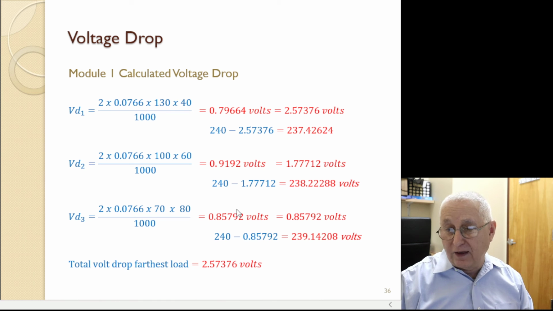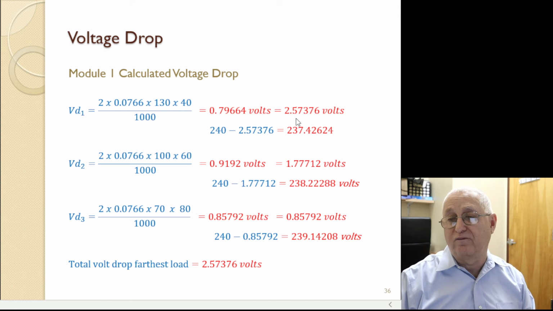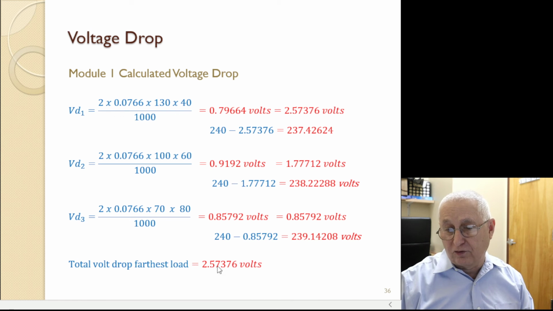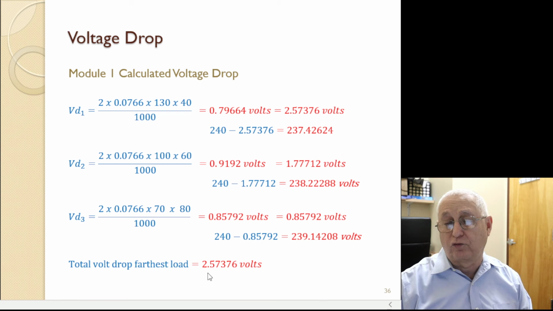If we add this plus that together, 0.85792 plus 0.9192 plus 0.79664, all the individual voltage drops, we come up with a total of 2.57376 volts. The total voltage drop at the farthest load is 2.57376 volts.